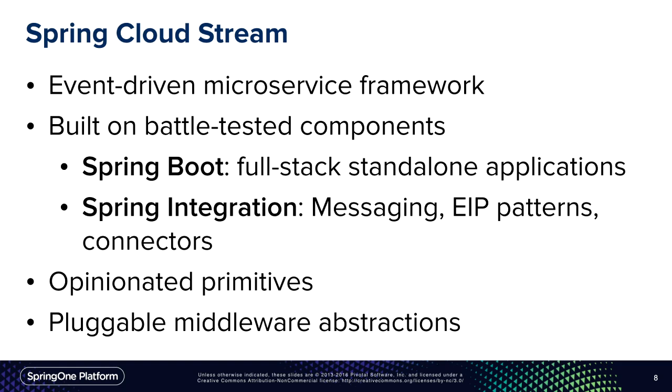Besides being the programming model for Dataflow, we've seen a lot of interest in it being used as a standalone event-driven microservice framework, with the added benefit that later on the applications themselves can be aggregated with Dataflow if that is necessary.